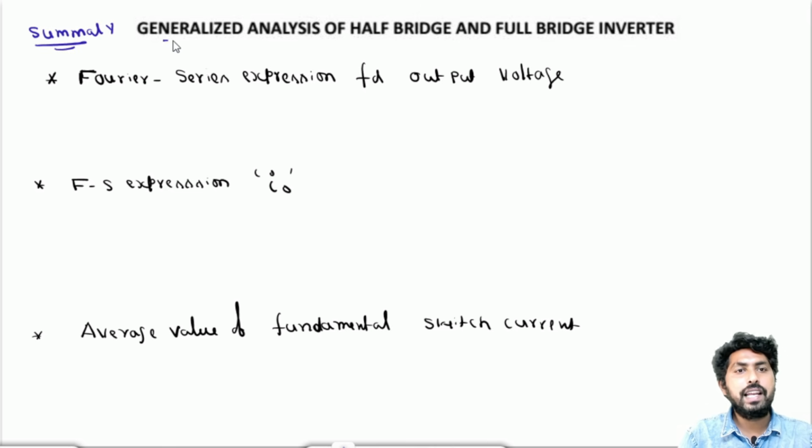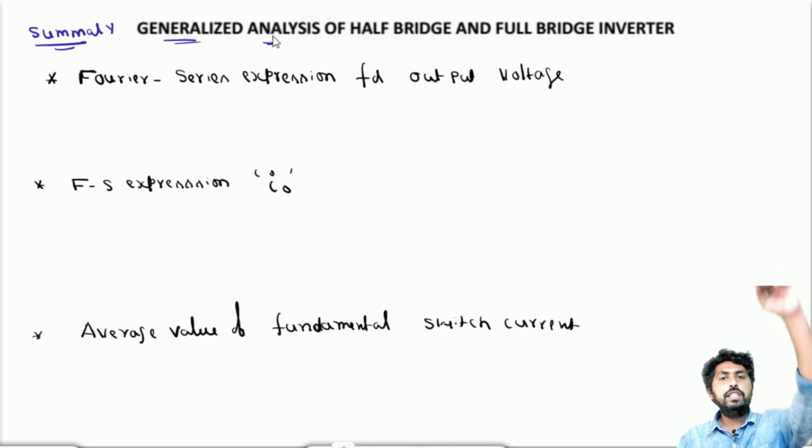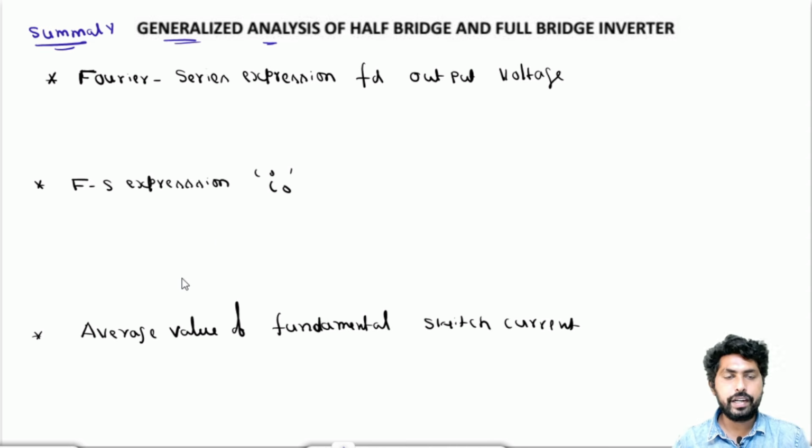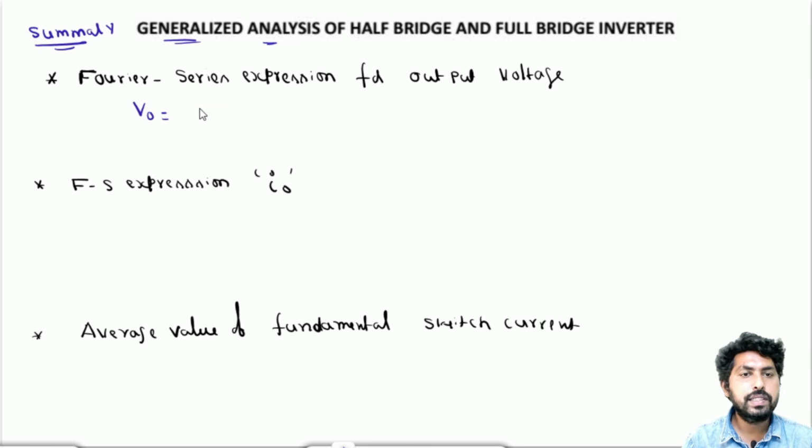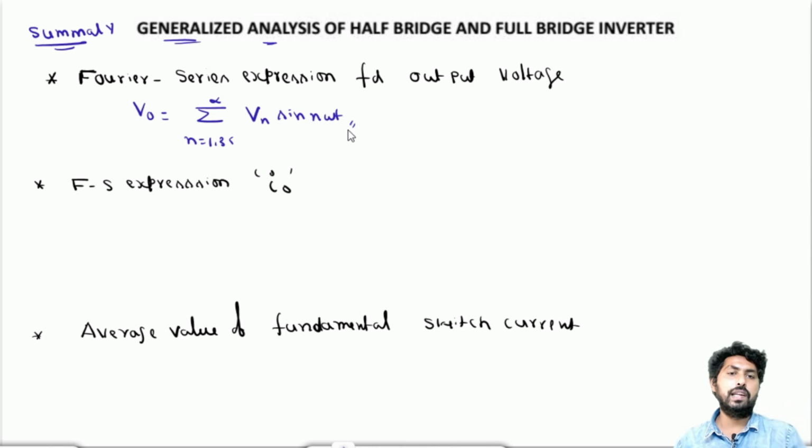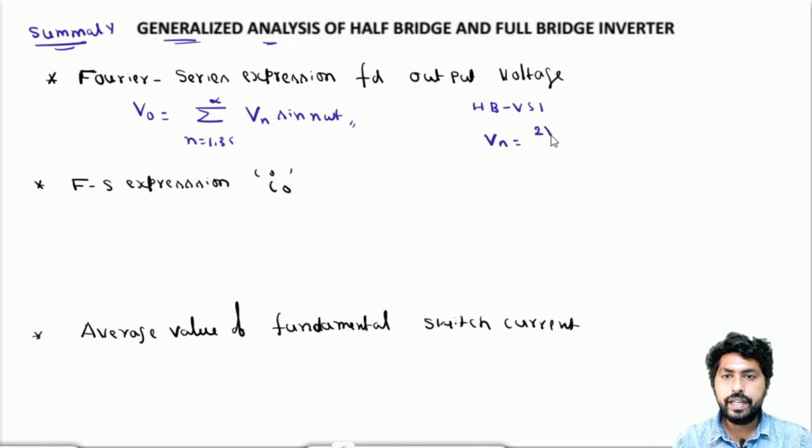So the generalized analysis: whatever be the load, the Fourier series expression for the output voltage will be V naught equal to sigma n equal to 1, 3, 5 to infinity Vn into sin n omega t, where Vn for the half bridge voltage source inverter is 2 VDC by n pi.